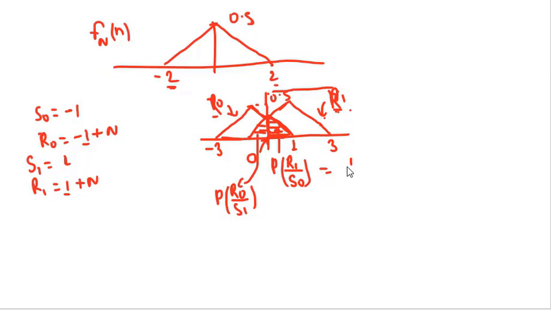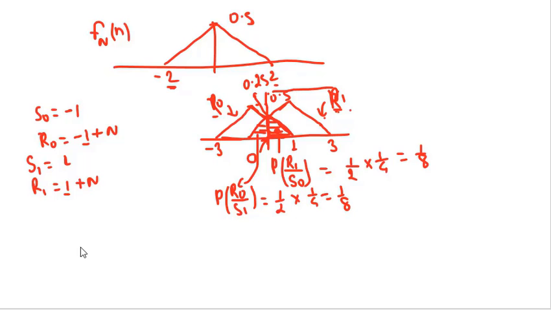So this point is your 0.25, and you can find the area of the triangle, which is equal to 1 by 2 into 1 by 4, which will give you 1 by 8. And this is also equal to 1 by 2 into 1 by 4, which is equal to 1 by 8.